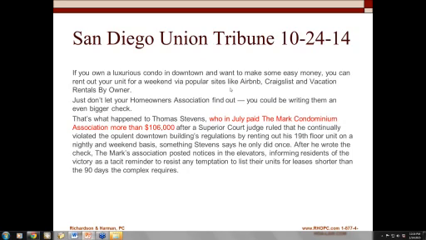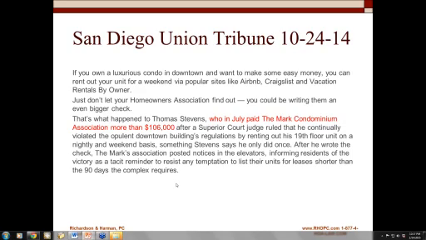It tells the story of a man named Thomas Stevens who, in July of 2014, had to pay his association more than $106,000 as he lost a Superior Court case over renting out his condominium in a very nice location in San Diego on a very short-term basis. The case was disputed. The gentleman never conceded what he did, but it was a very expensive dispute for him.